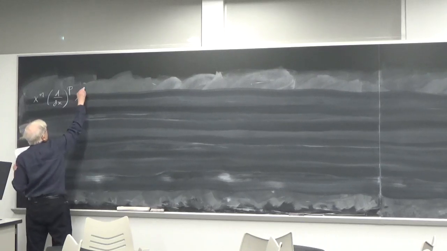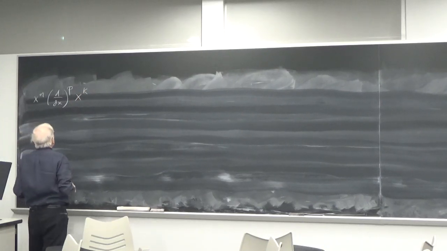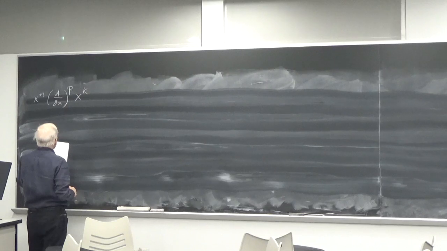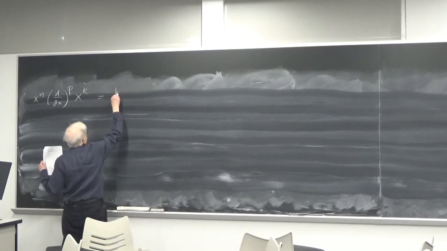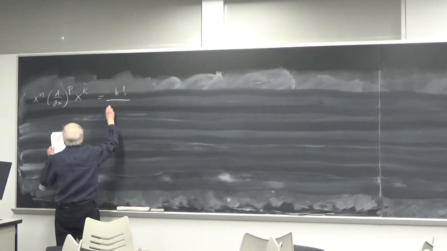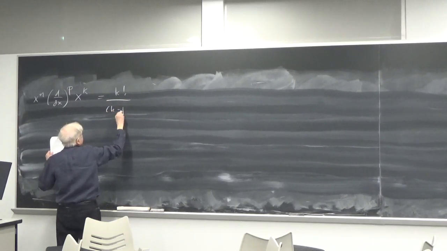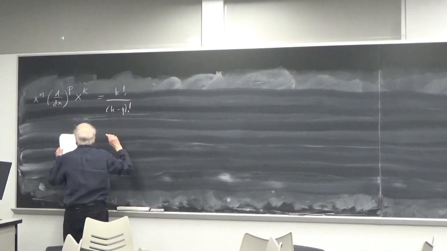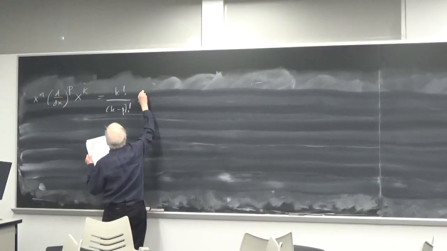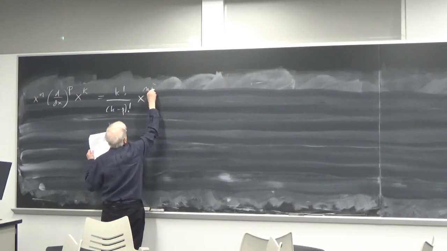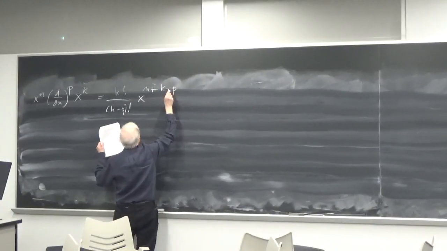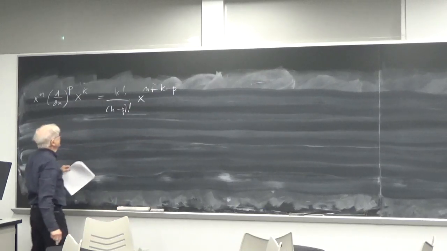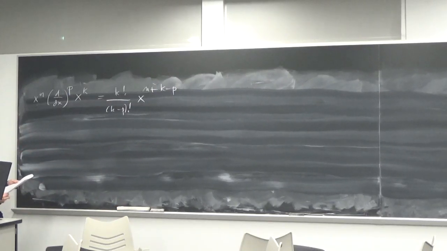Anyway, let's consider what this is. Well, x to the n, d by dx to the p acting on that. What you get is k factorial over (k minus p) factorial, and then you get x to the n plus k minus p, because you differentiated p times.